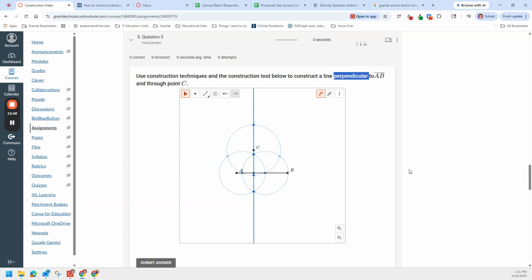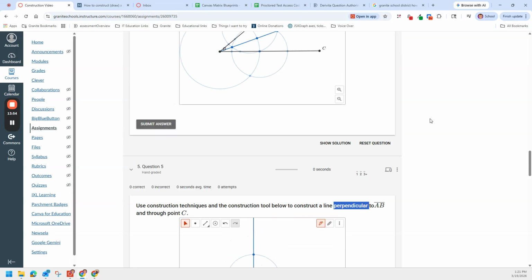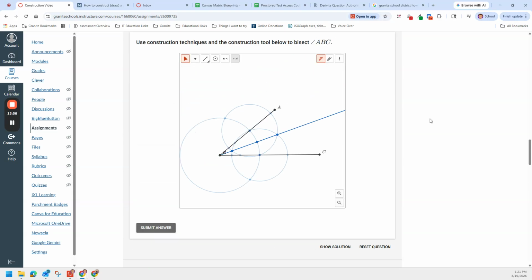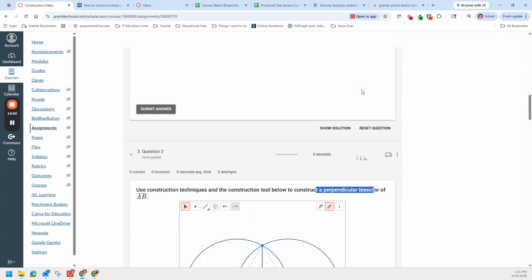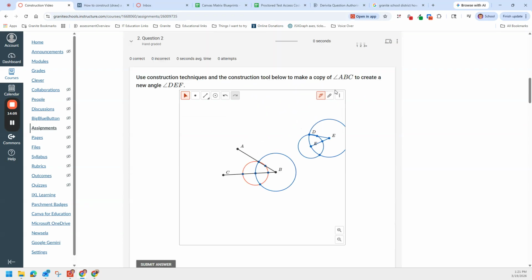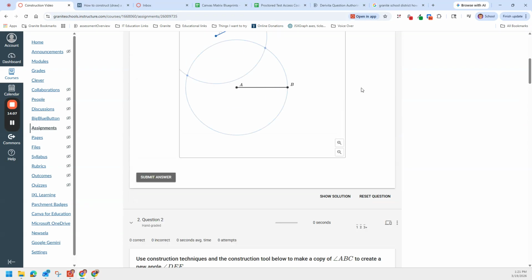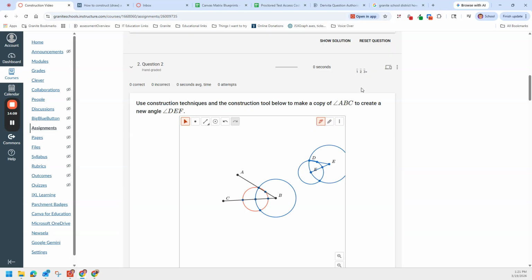Pretty much every construction you're going to be asked to do is going to be using the basics of what you've already learned: bisecting angles, bisecting lines or segments, copying angles, and copying segments.